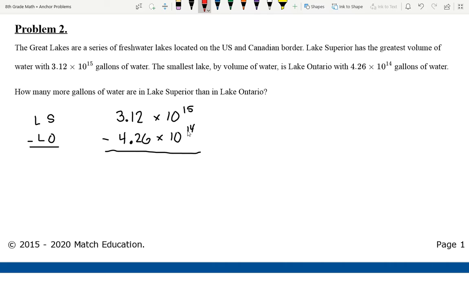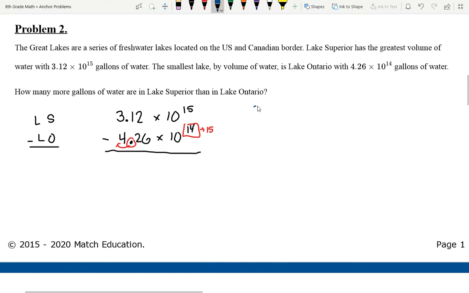And once again, my advice is to make it match the largest. Well, the largest here is 15. And so I want to take this 14 and make it a 15. If I do that, I'm going up by a magnitude of 10, which means I need to make this one smaller by a magnitude of 10.